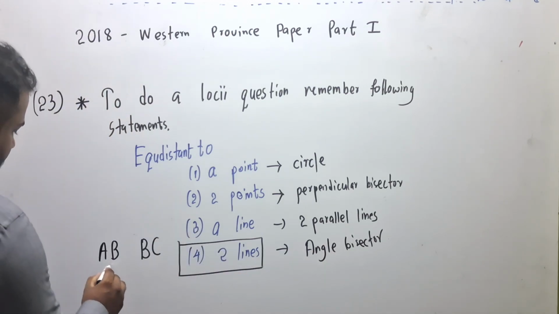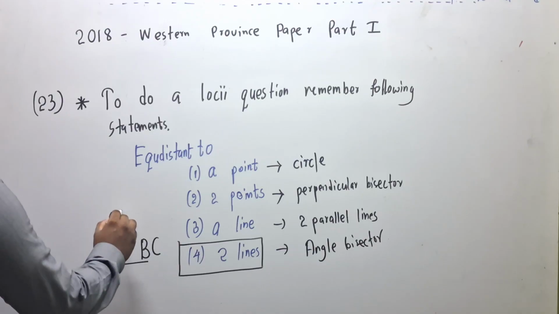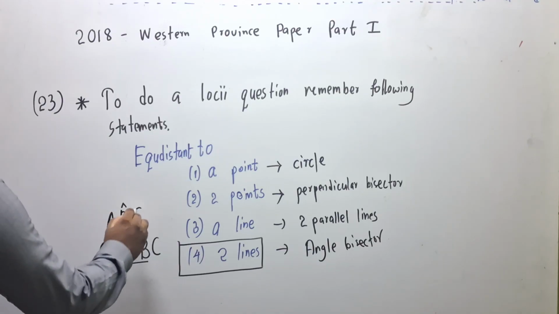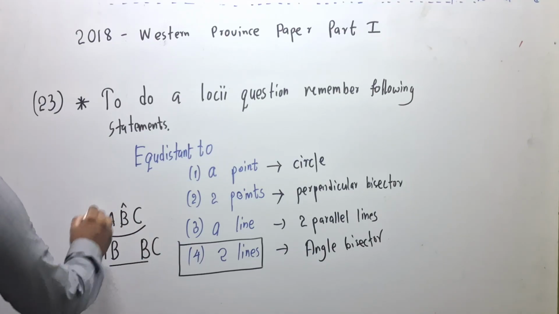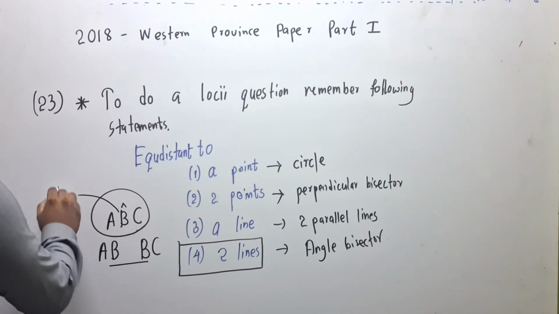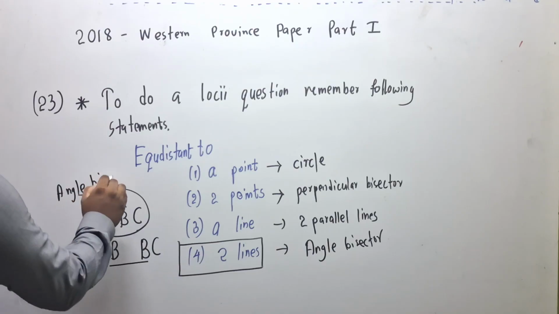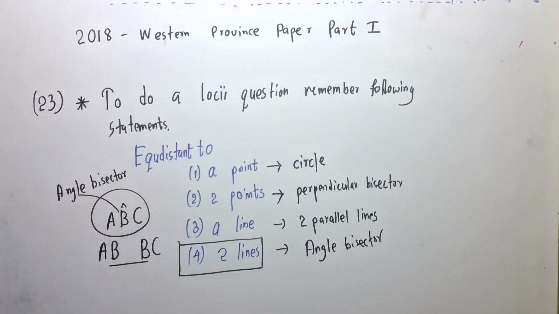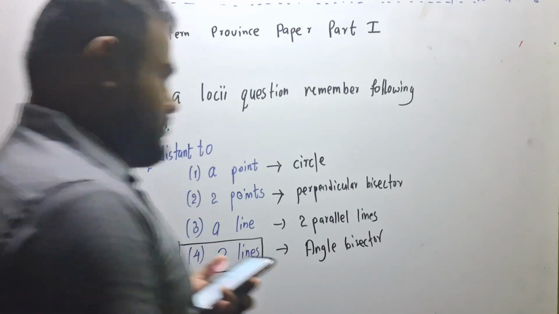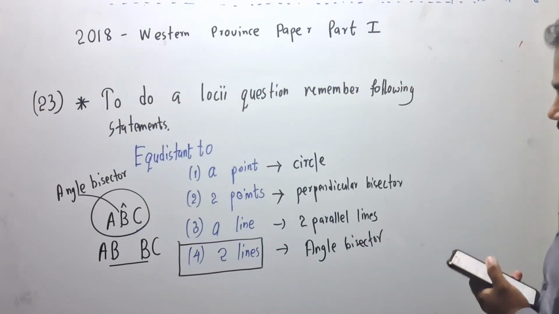When you say AB and BC, what is the angle that comes to your mind? ABC. So there must be a construction for the angle bisector of ABC. They have done that. Okay, can you see? ABC angle is bisected.